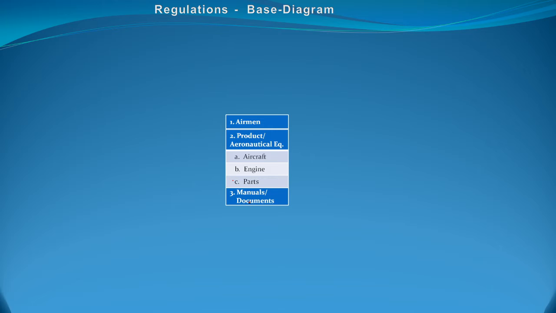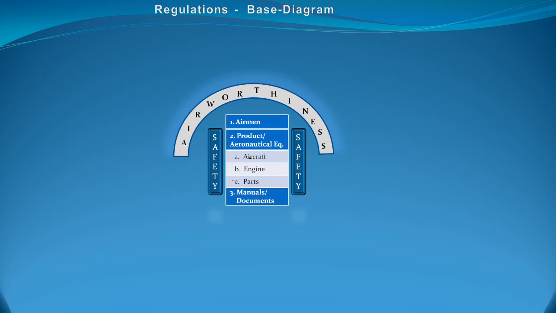Before we move forward, let's answer a simple question. What is the goal of aviation authorities' regulations? The answer is very simple. All these three major subjects must be safe, airworthy, and meet all certification requirements.